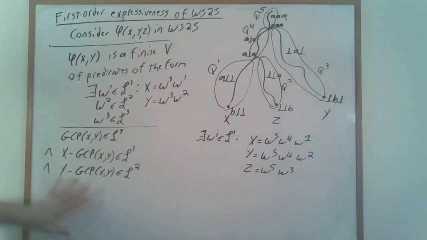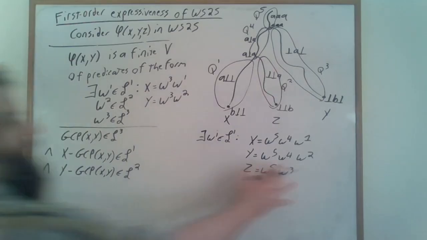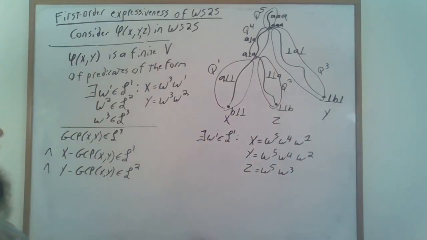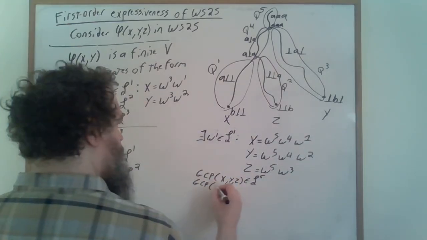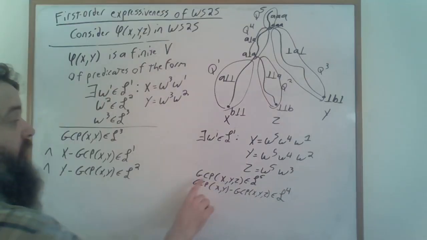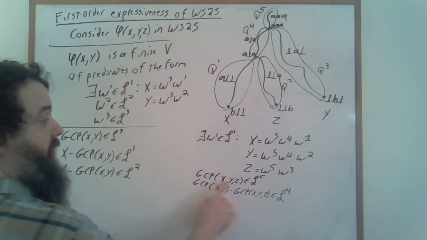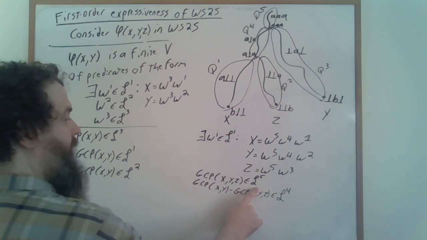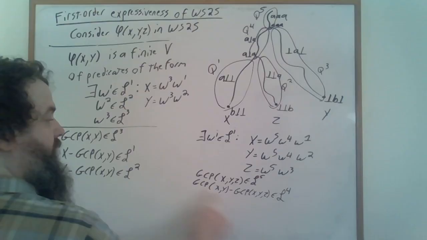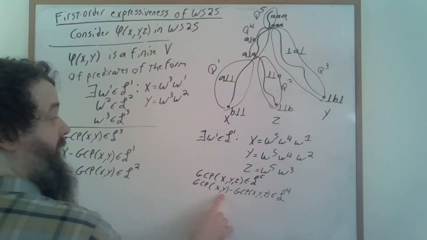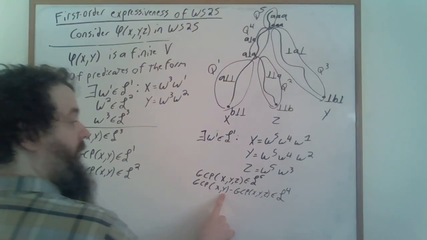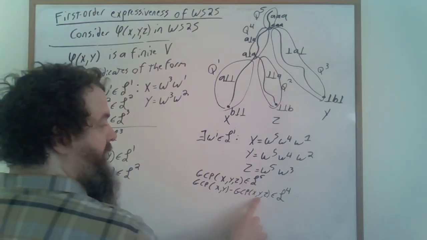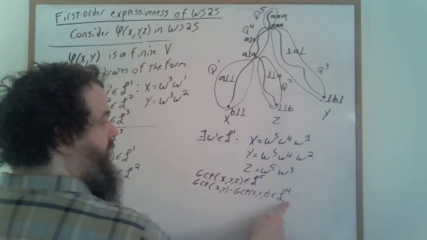But this classification here doesn't just work if we have two variables. It also works in the three variable case, right? We could take something like this and rewrite it as assertions that the greatest common prefix of x, y, and z, it's going to be W5, falls into some regular language, and assertions that the difference between the greatest common prefix of x and y and the greatest common prefix of x, y, and z falls into some regular language.